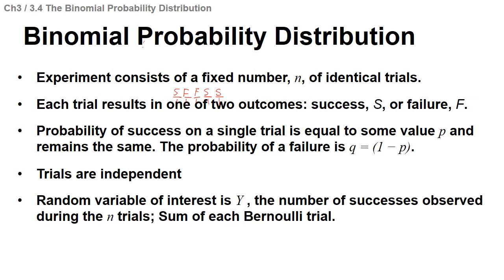And the random variable of interest is y. Y is the number of successes observed during n trials, and it is the sum of the Bernoulli trials.